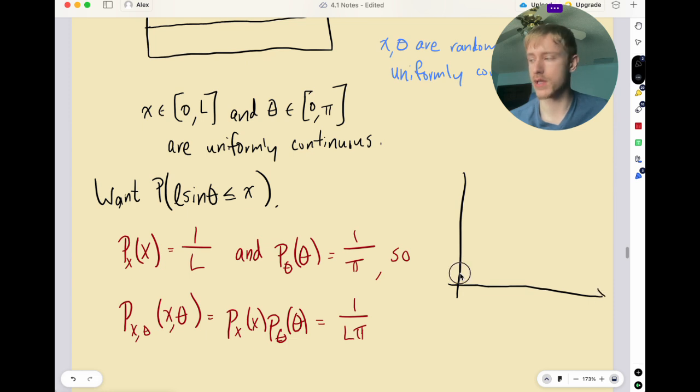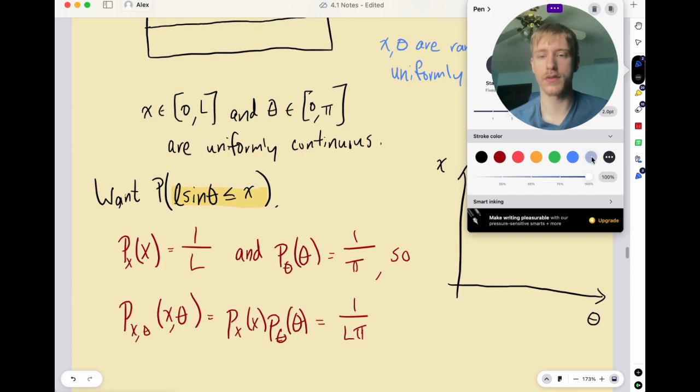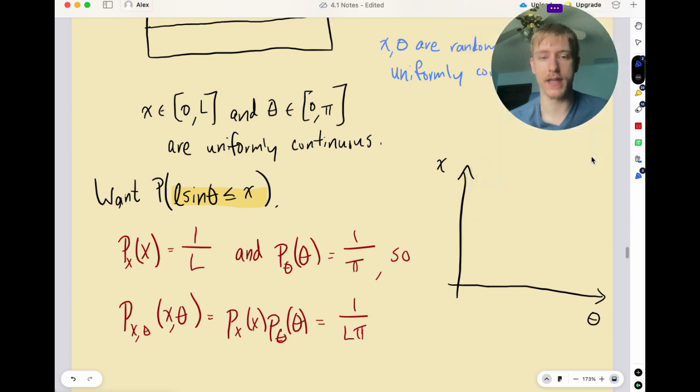Maybe we'll let this be the theta plane, and this be the x plane. I'm going to take this condition and graph it. We have x greater than or equal to L sine theta.